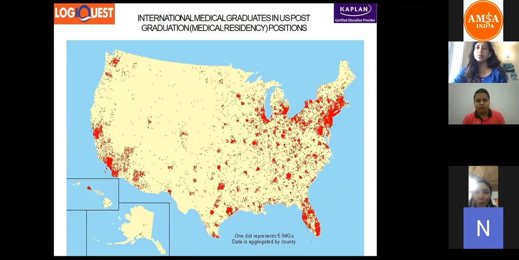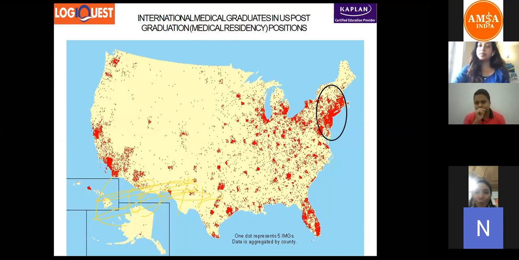Now, in front of you, as you can see, this is the geographical map of the USA. You will see in the map there are some red dots which are highly cluttered, and a few of them are scarcely cluttered. On the East Coast of the US, you will find it is densely populated. Each red dot represents 5 IMGs in the US, in that particular area, in that particular hospital.